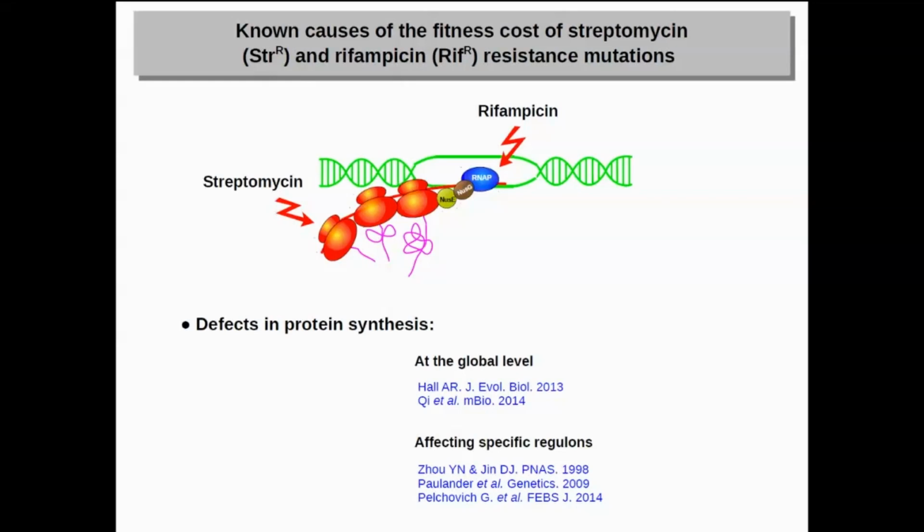It makes sense. You have mutations that alter the process of protein synthesis, and that causes a cost. That was explained at the general level, at a global scale across the genome, or in specific regulons that are very critical. So that was the classical explanation, which makes complete sense. It was clear that that was part of the explanation.